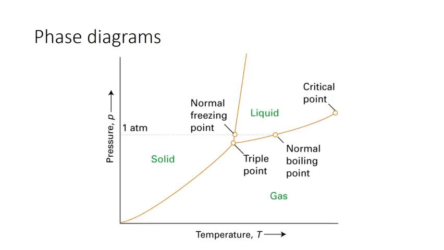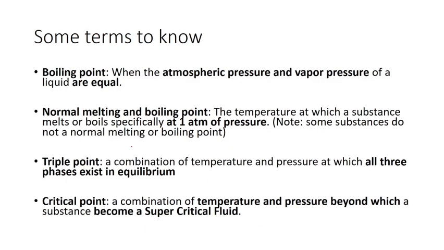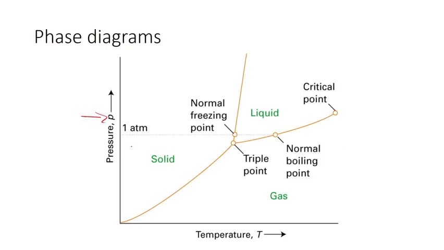All right, now here's a phase diagram. This relates pressure and temperature, and we can look at this and determine what state something is going to be in at that combination of pressure and temperature.